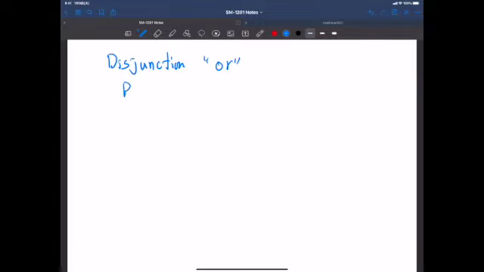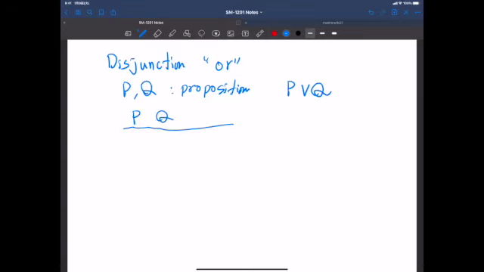Again, if P and Q are propositions, then we define the operator P or Q. Again, we define this operator in terms of a truth table: P, Q, and P or Q. When P is true and Q is true, P or Q is defined to be true.